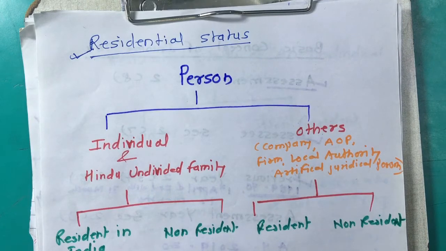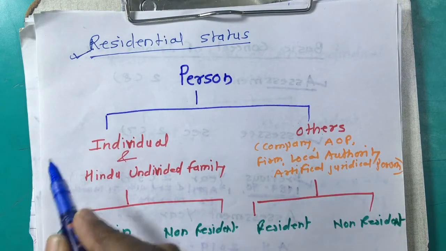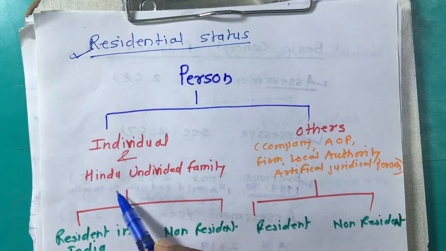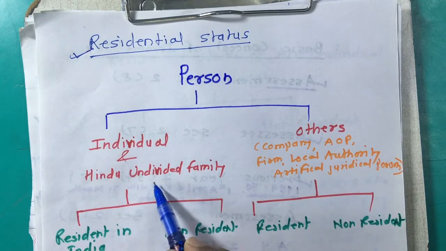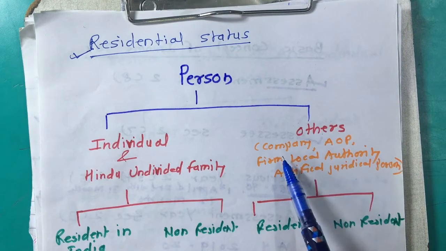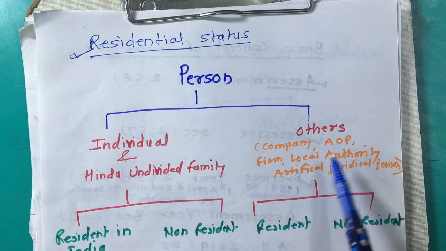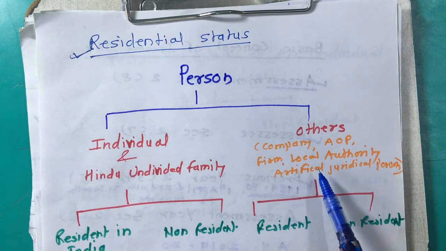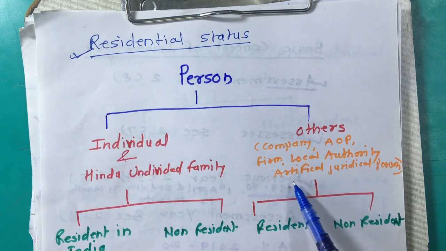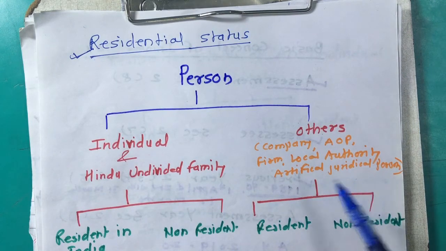A person is classified as an individual, HUF, that is Hindu Undivided Family, company, association of persons, firm, local authority, and artificial juridical person.